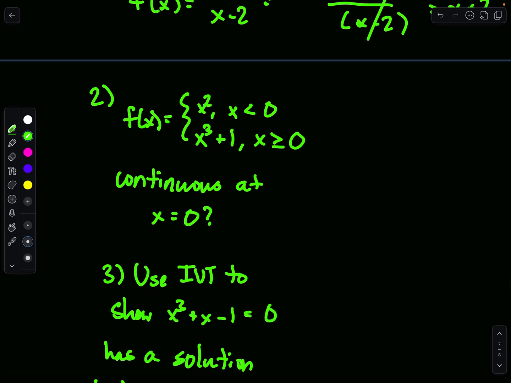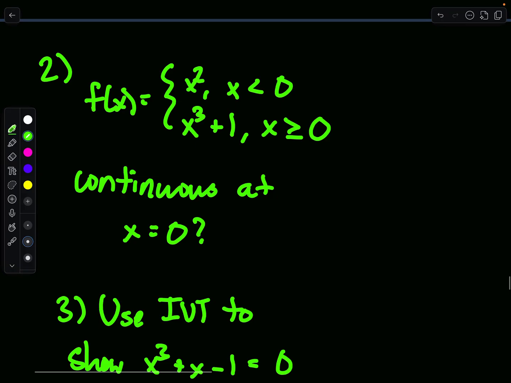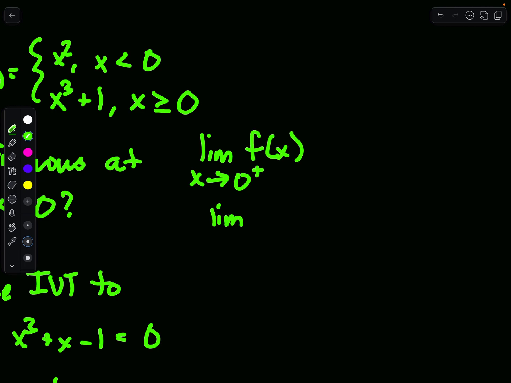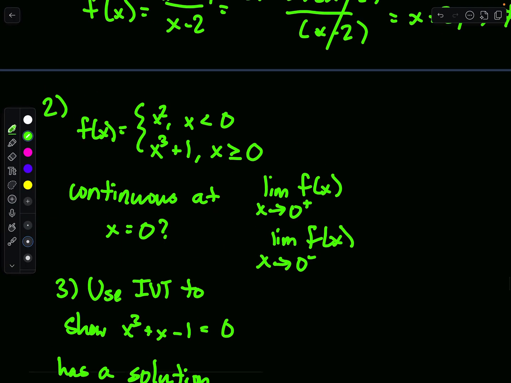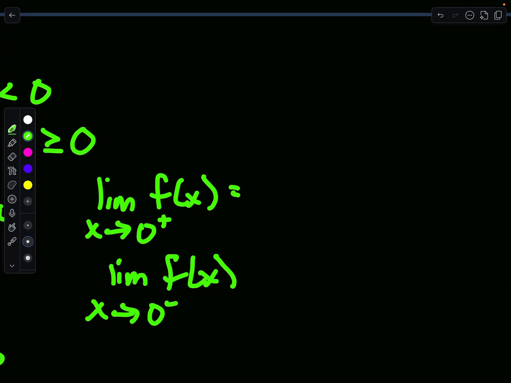Now for number 2, we are looking at whether the function is continuous at x equals 0. So we find the left and right hand limits. From the positive side, it's x cubed plus 1. Now, when we go from the positive side, you can just plug in 0, and you get 1.